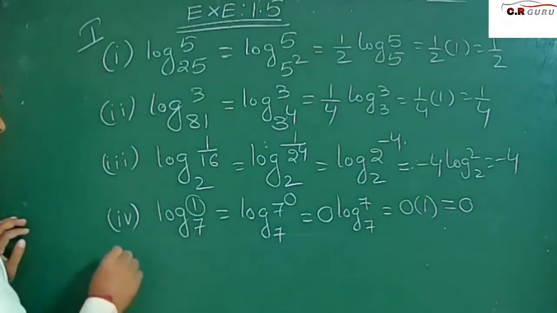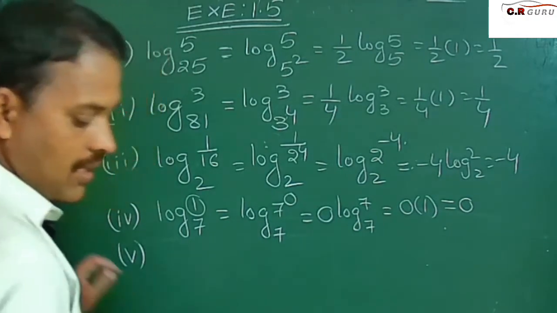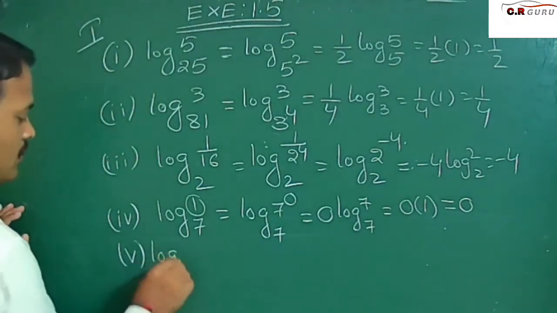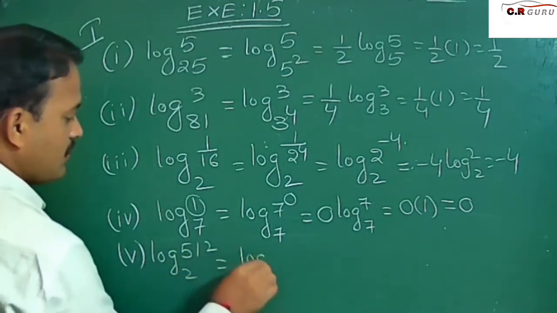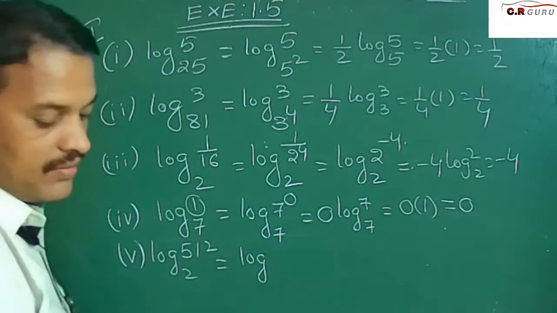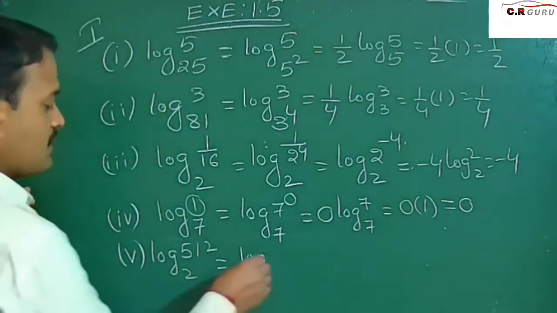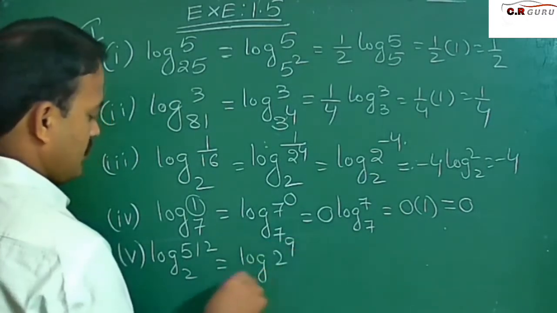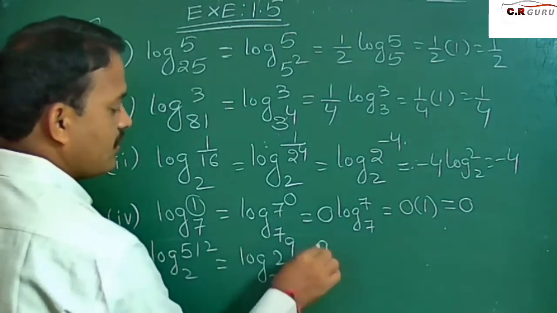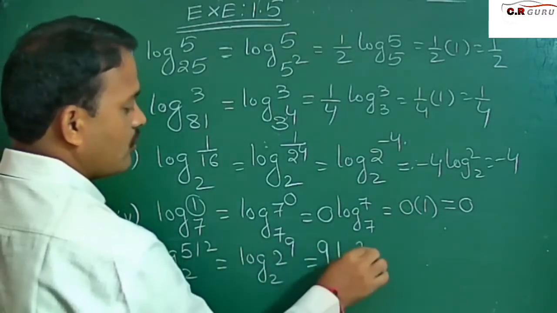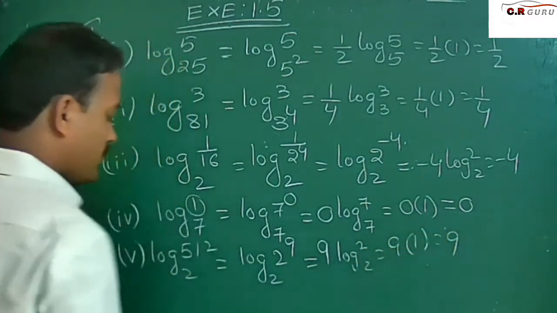And the fifth sum is log 512 base 2. 512 can be written as 2 to the power of 9 base 2. Taking 9 in front, 9 into log 2 base 2 equals 9 into 1, so the value is 9.